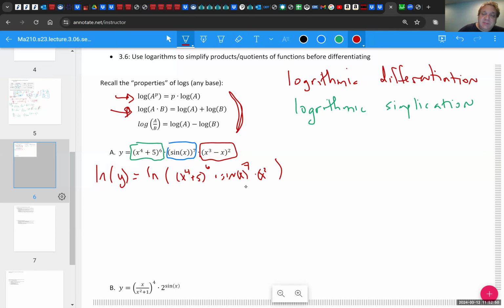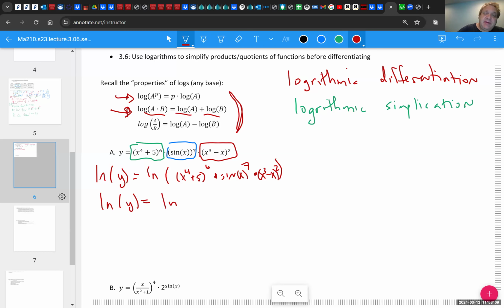But I can now simplify this using my log properties. So these things are multiplied by each other. And anytime you have two things in the argument multiplied by each other, I can write them as two separate logs that are being added together. So left-hand side is ln y.